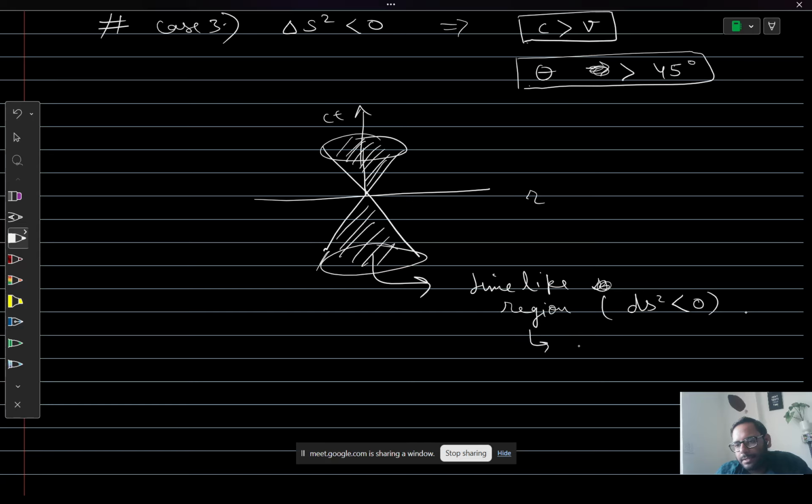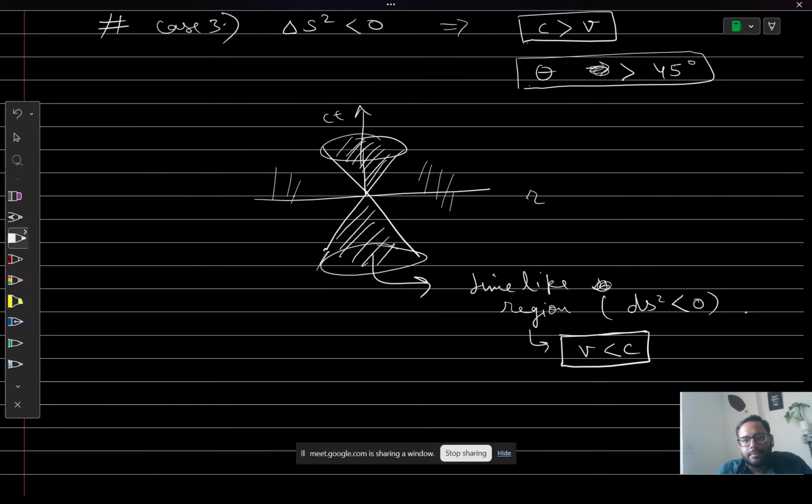Here the speed of any object should be less than c.